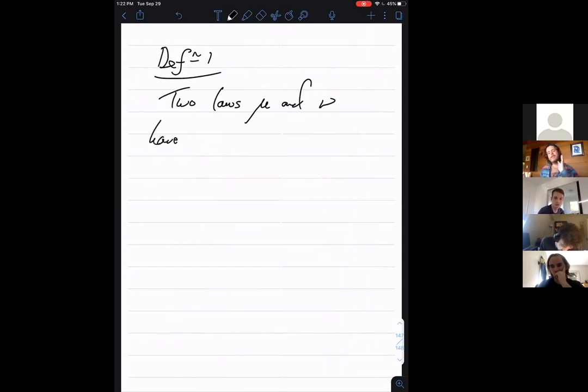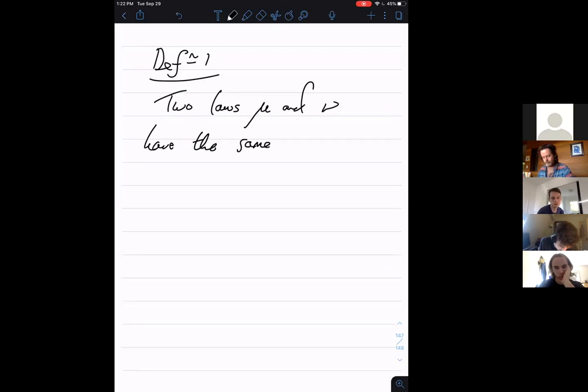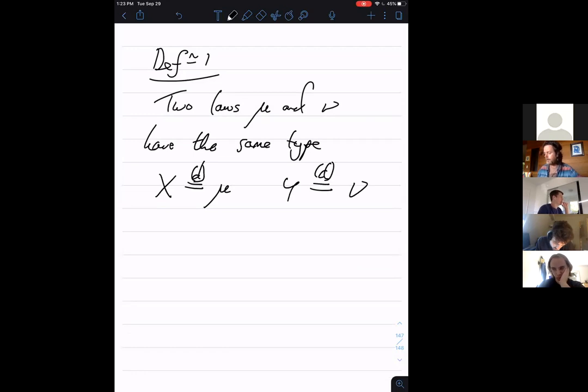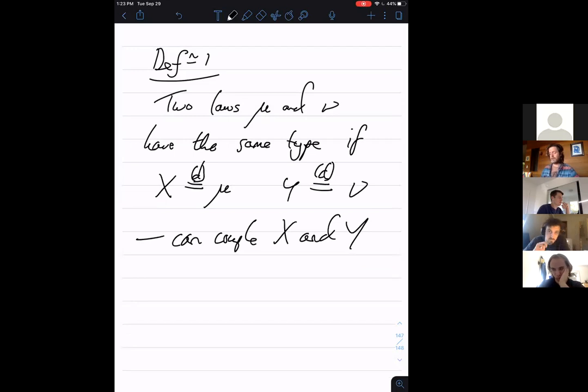A simple definition says that two such laws are said to have the same type if I realize the laws as random variables whose respective distributions are the laws, call them capital X and capital Y, and I can couple X and Y, so I have a single probability space on which X and Y are well defined and have these laws. Then we can explore relationships between them.